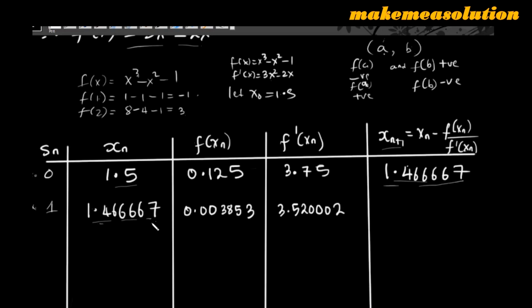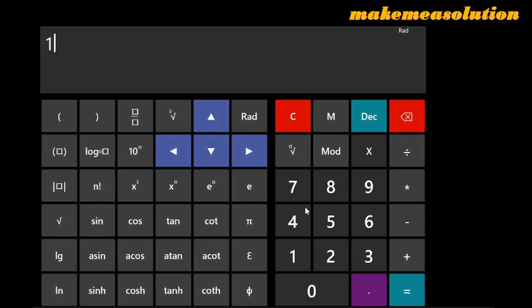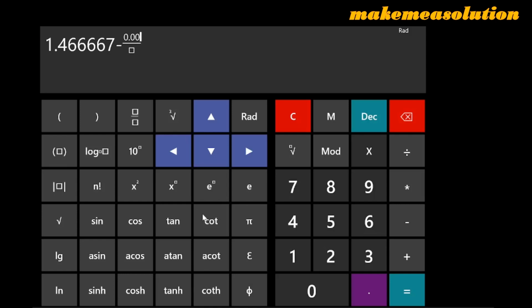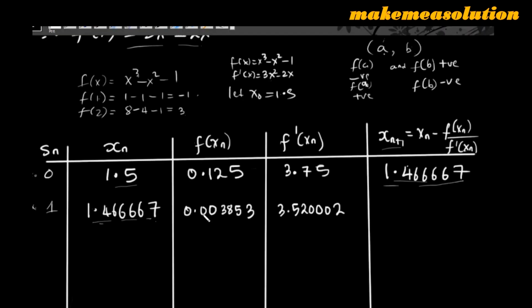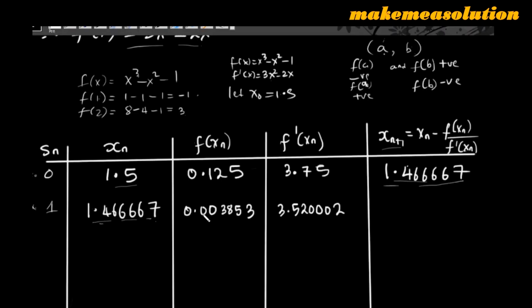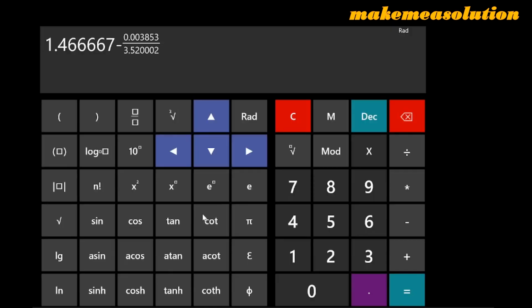I'll compute it by saying this point minus the ratio between this and this. So something like this new point, 1.466667, minus the ratio between the f of xn and the f prime of xn, which we got as 0.003853, divided by 3.520000.